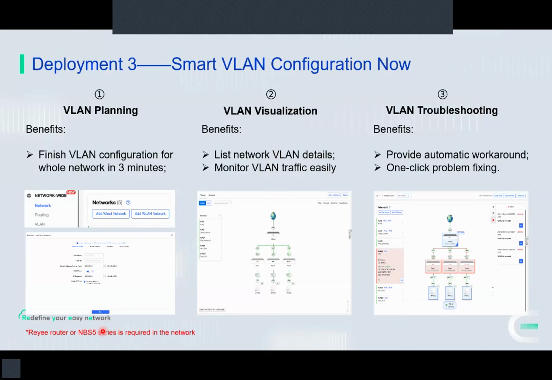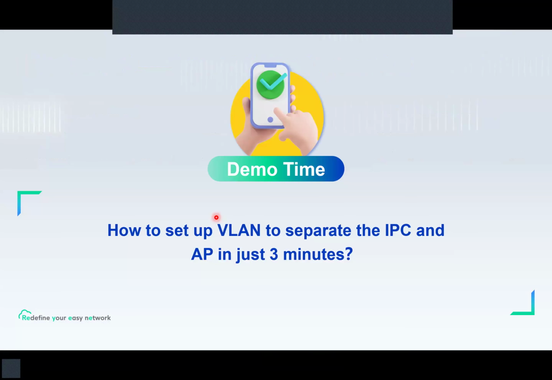You should combine the router or the NBS 5 series switch together to use the smart VLAN configuration. Now I will show you how to set up the VLAN quickly.